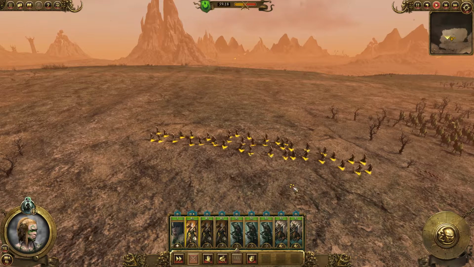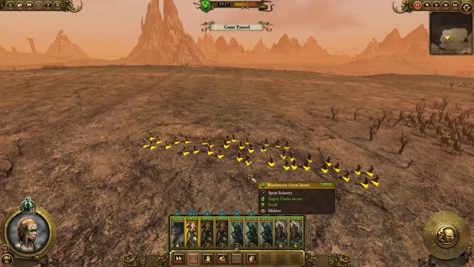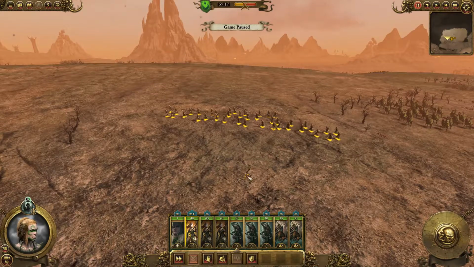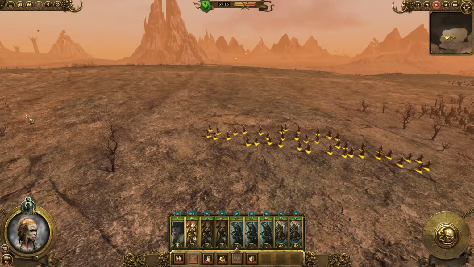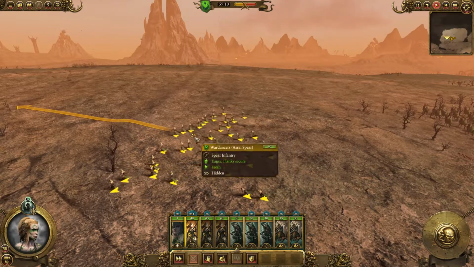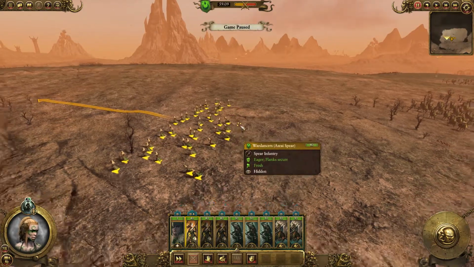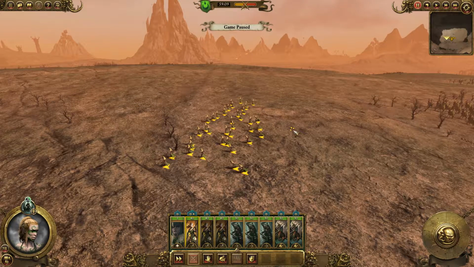they don't, let me pause it, they don't rotate around and then start moving this way. Each individual soldier just changes direction, and then the whole unit starts to march in the opposite direction. And if I unpause again and click over here, again, the whole unit doesn't, I'm having a hard time finding words to describe it, doesn't just rotate and then begin to turn this way.